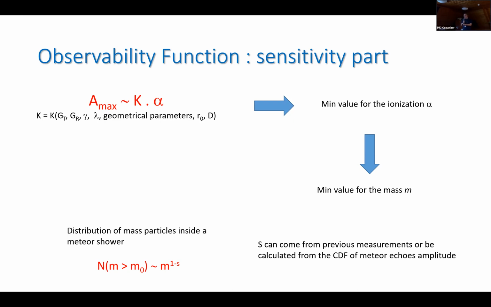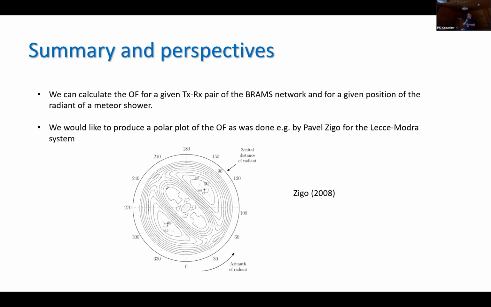So to summarize, we haven't done it fully yet, but we can now calculate the observability function for a given pair of the transmitter and any station of our BRAMS network at a given time. That means for a given position of the radiant of the meteor shower. And we can compute the observability function given as a polar plot.